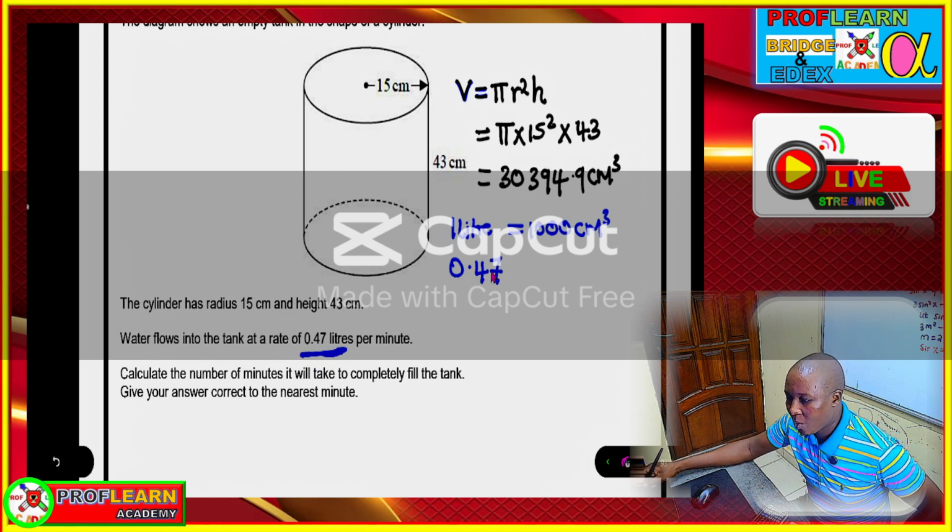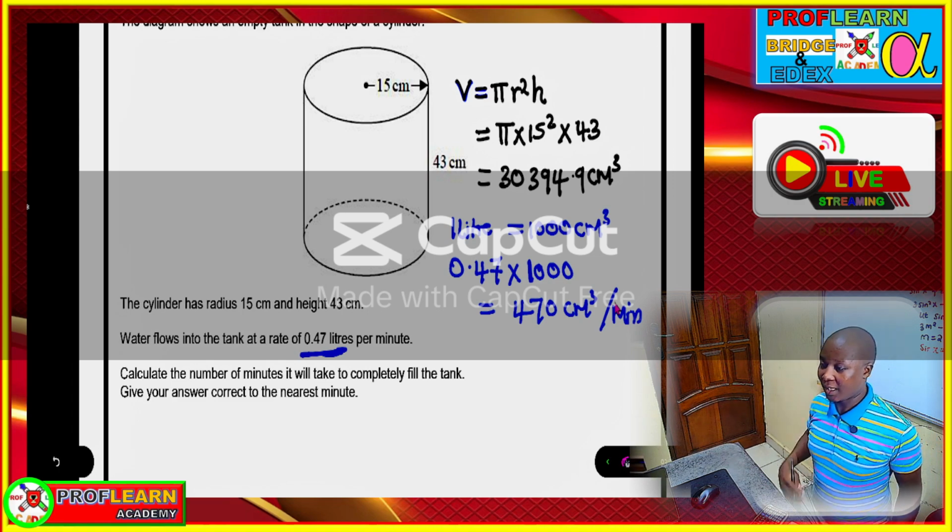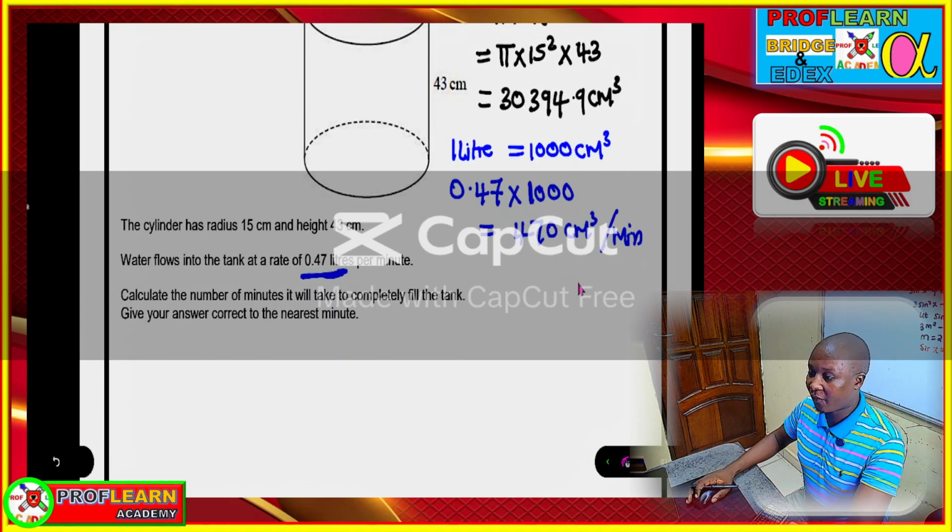So it will be 0.47 times 1,000, which is equivalent to 470 centimeter cubic per minute. So the amount of water that flows into the cylinder every minute is 470 centimeter cubic.